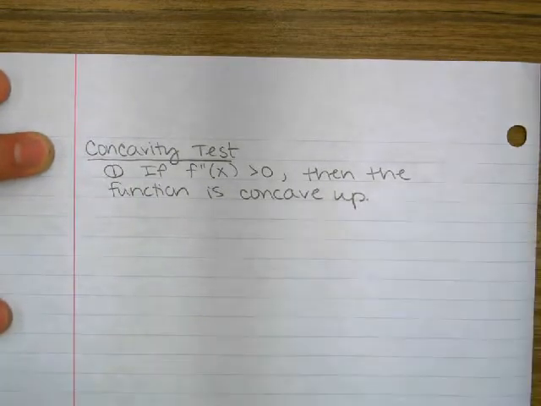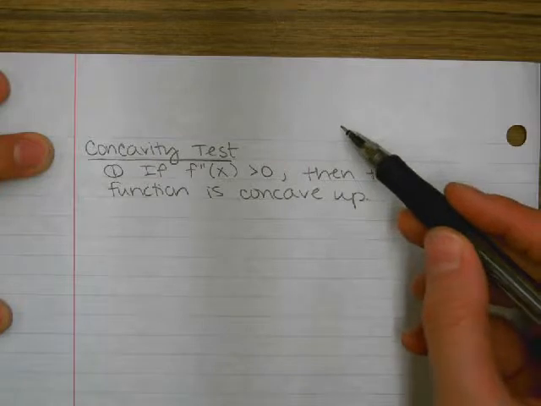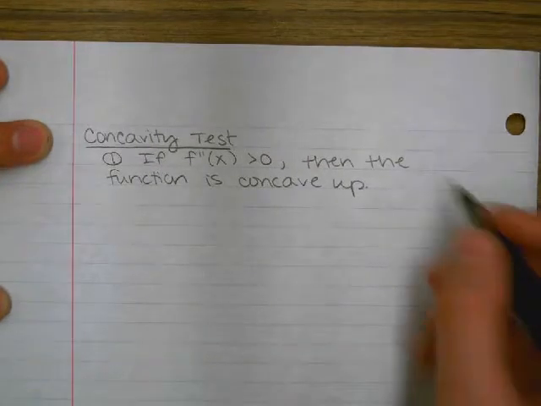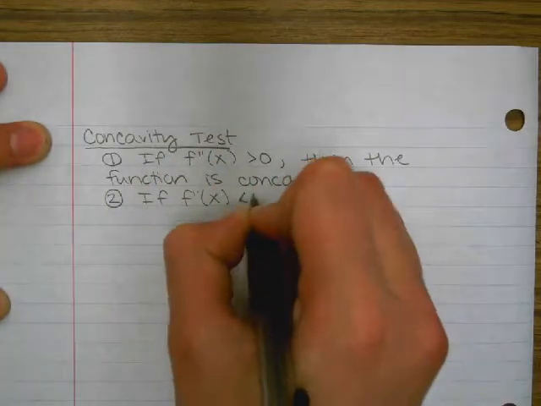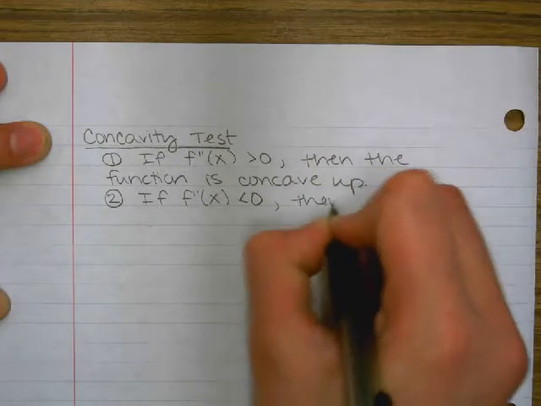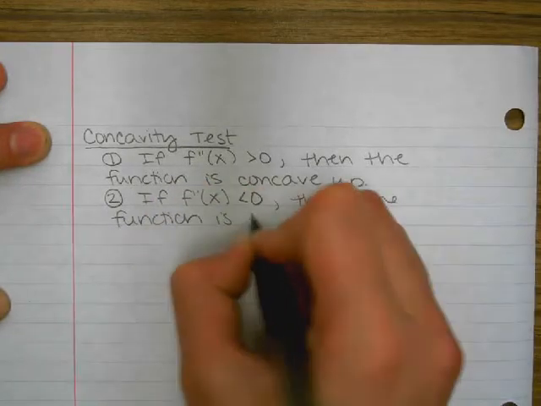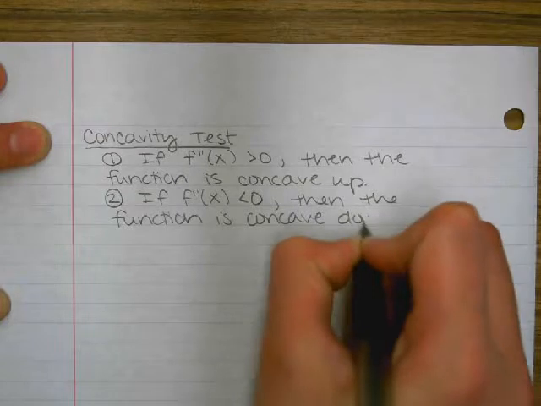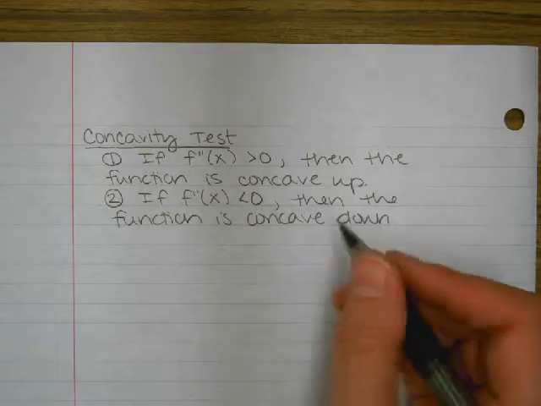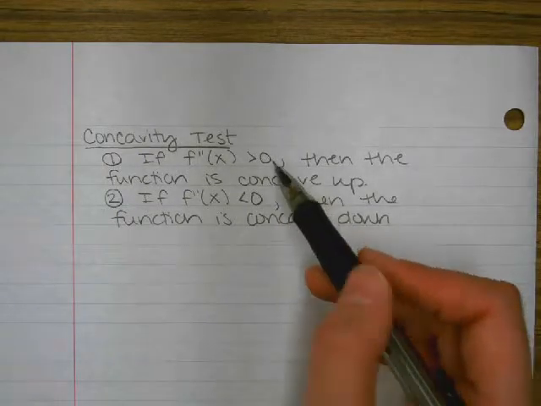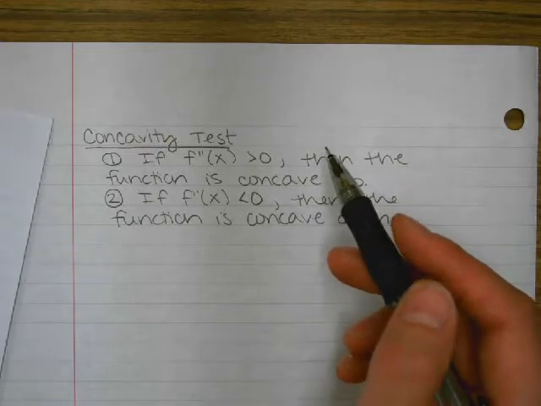So that means that if the second derivative is positive, that part of the function, whatever that interval is, you're going to see that the graph looks like an upward U at those points. If the second derivative is less than 0, or if it's negative, then the function is concave down. So this is going to feel somewhat similar because we're doing the same process. We're looking at the second derivative and we're looking at where it's positive and negative, which is just what we had just done with the first derivative. So it's going to feel very similar.